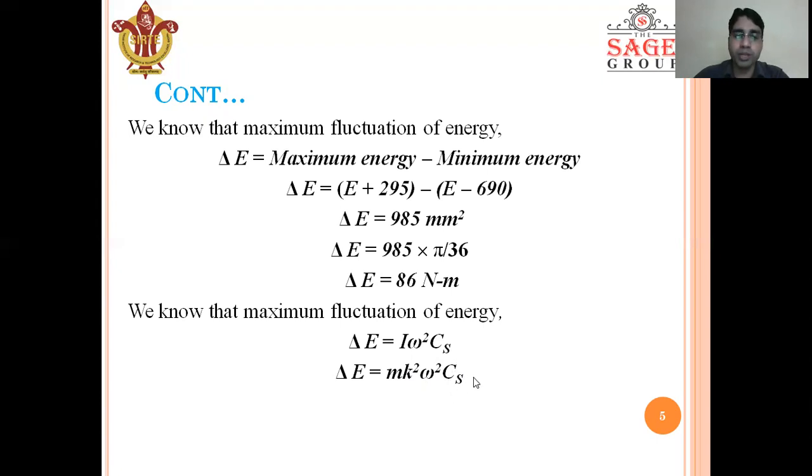We calculate CS, which equals 0.003 or 0.3 percent. This is the final answer to the question asked, the coefficient of fluctuation of speed. Thank you very much.